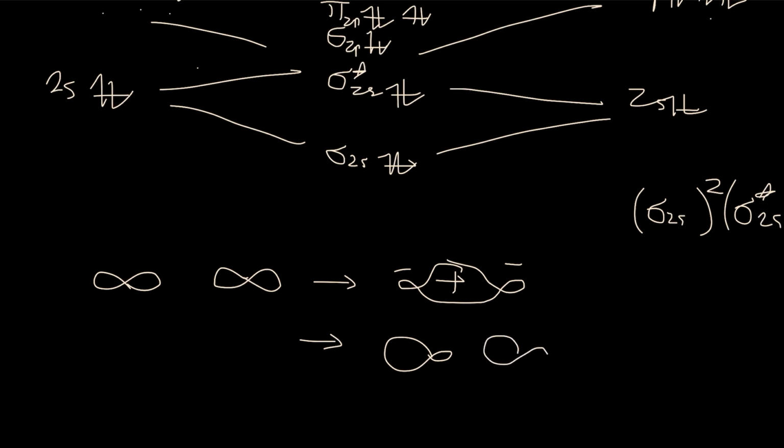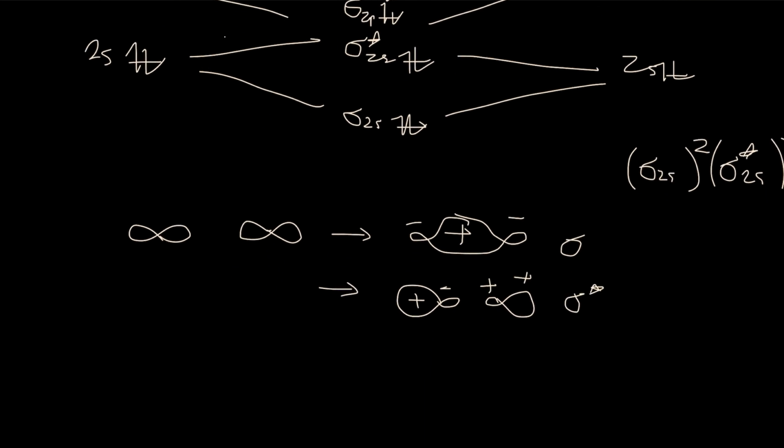It looks like this. This is plus, this is negative. So this is destructive interference, and that is anti-bonding. Sigma bonding, sigma anti-bonding.